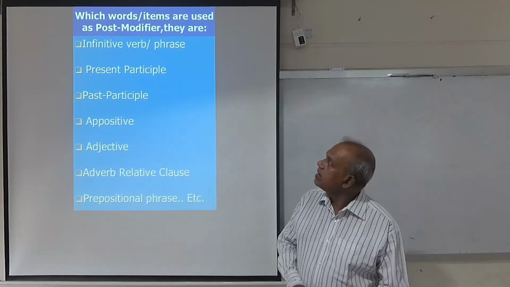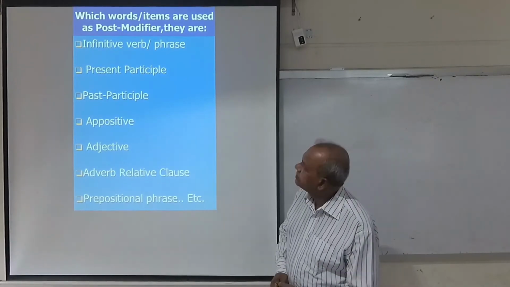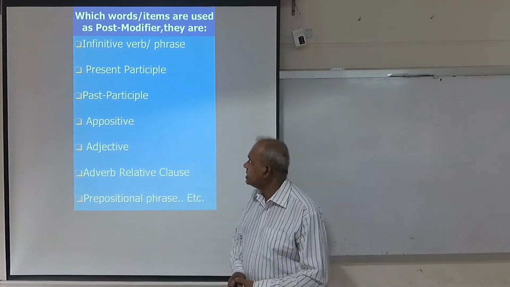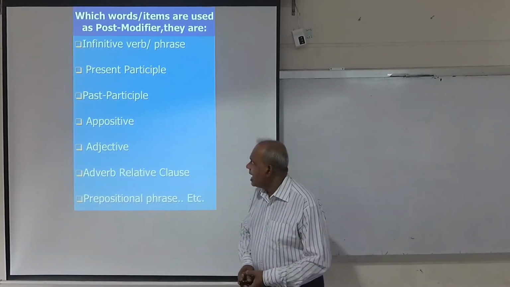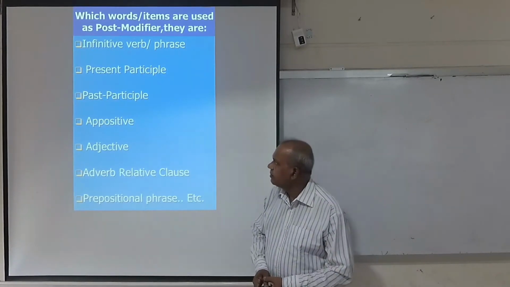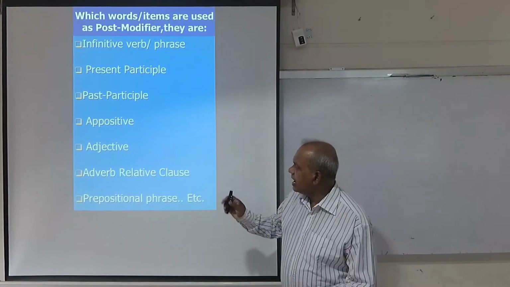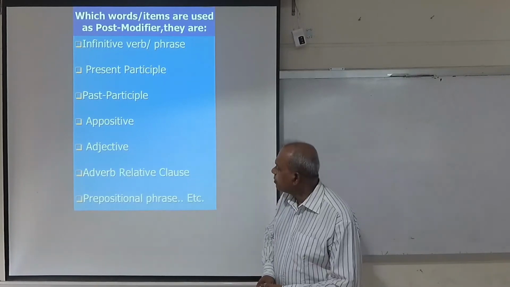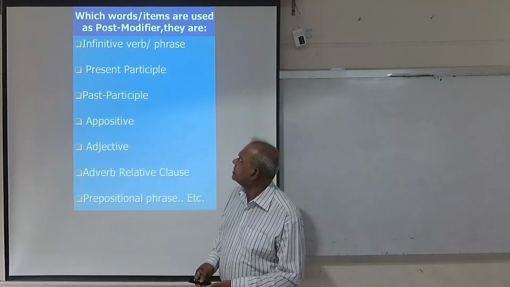They are: number one, infinitive verb or infinitive phrase. Number two, present participle. Number three, past participle. Number four, appositive. Number five, adjective. Number six, adverbial clause. Number seven, prepositional phrase, and many other words.